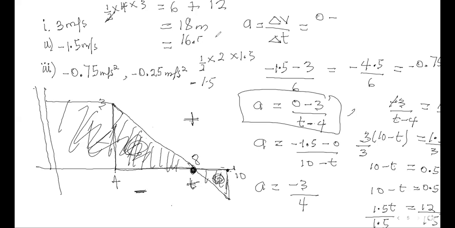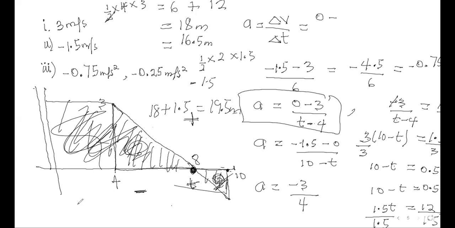This is the total displacement from the starting point. So it is 16.5 meters towards the positive side. Then the total distance traveled will be the whole of this area plus this small area, which is 18 plus 1.5, 19.5 meters.